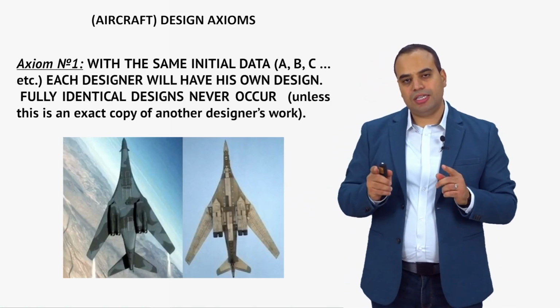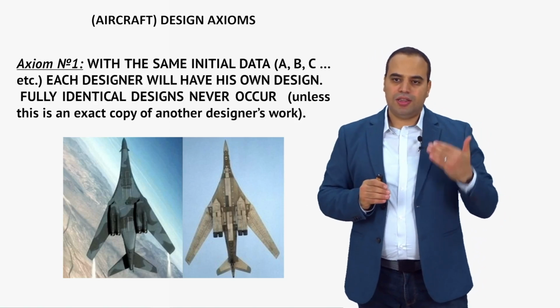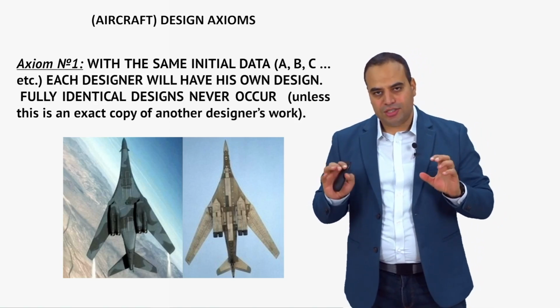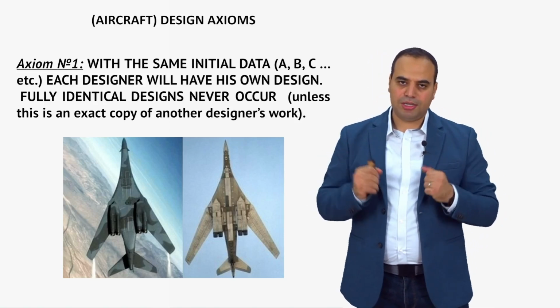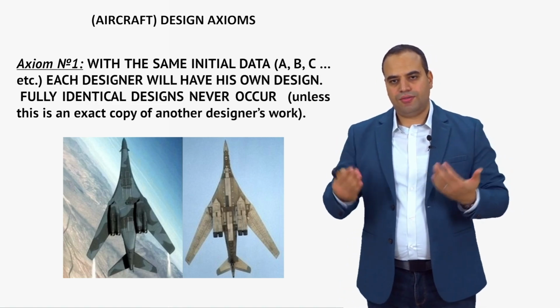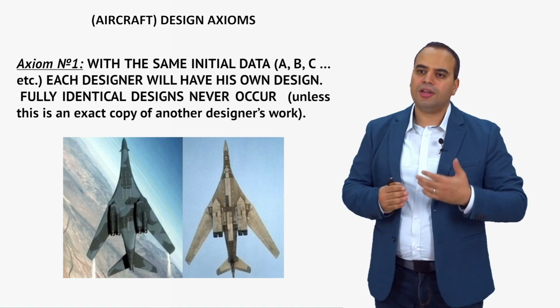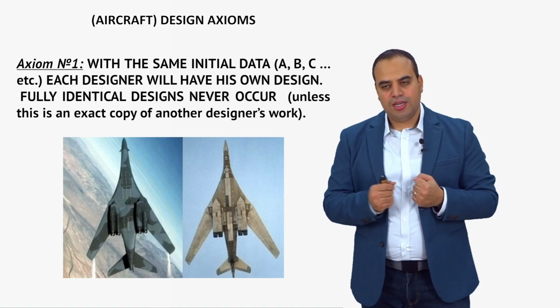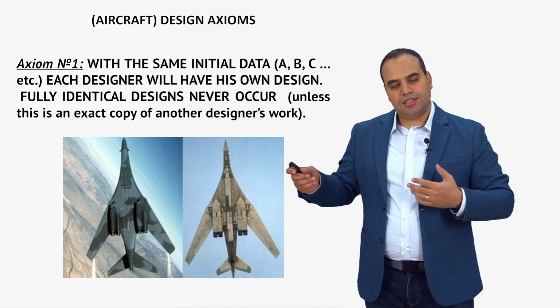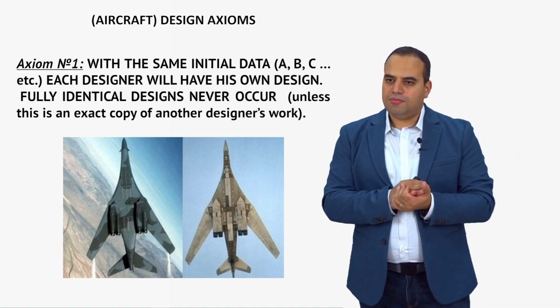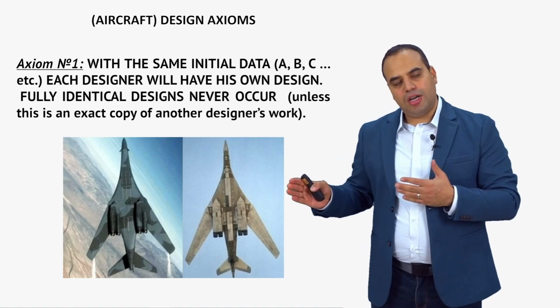Now let's see the axiom number 2 here, which is also another example of where the aircraft is very similar only from outside, right? Why? Because the physics of flight is pretty much objective, right? So it's not subjective. It doesn't depend on the designer. Here the design task is basically the same. So the design task is designing a supersonic bomber, right? And these two bombers designed in two different countries ended up being very similar only from outside. Why?